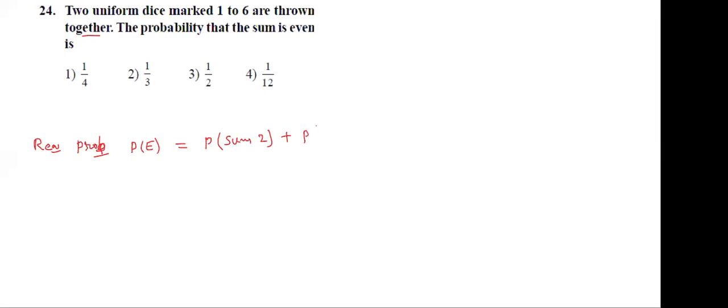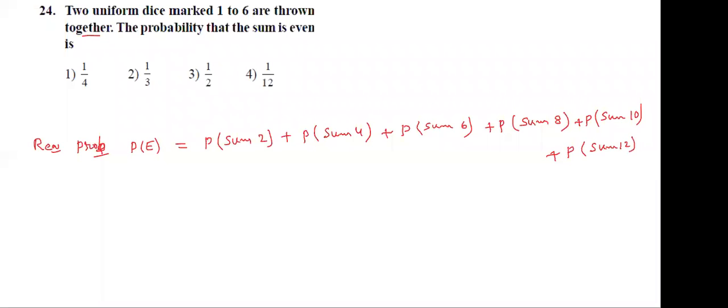Next, probability of sum of 4 points. Probability of sum 6. Probability of sum of 8 points. And probability of sum of 10 points. Probability of sum of 12 points.